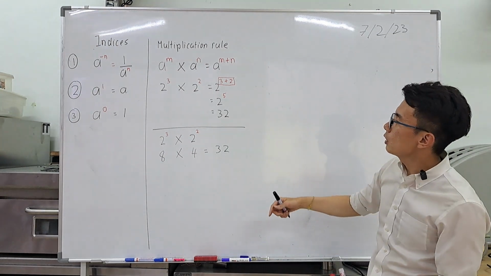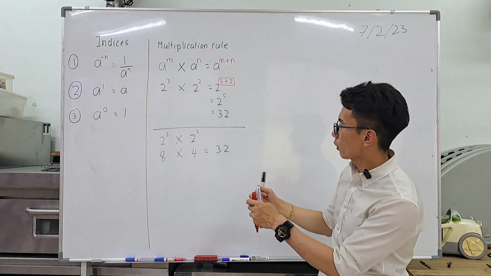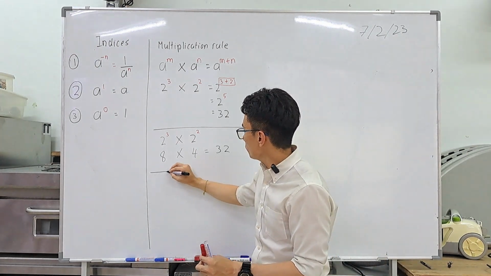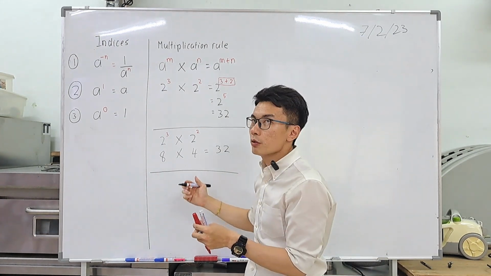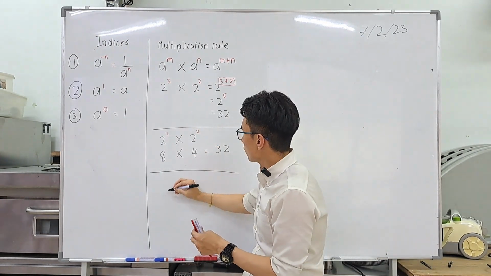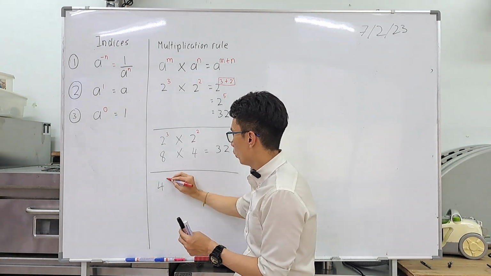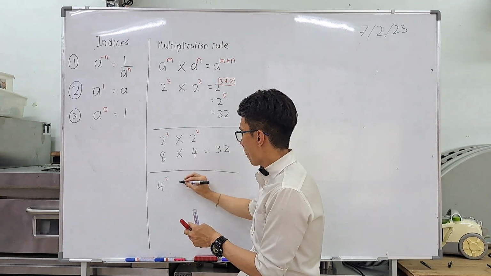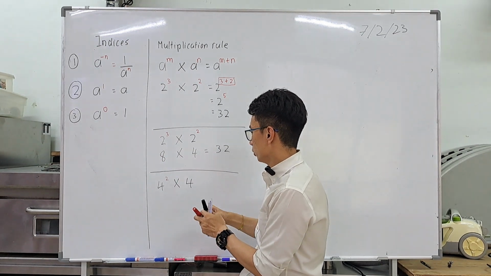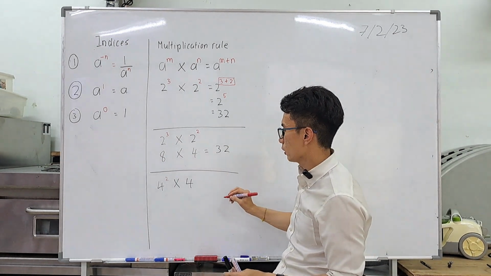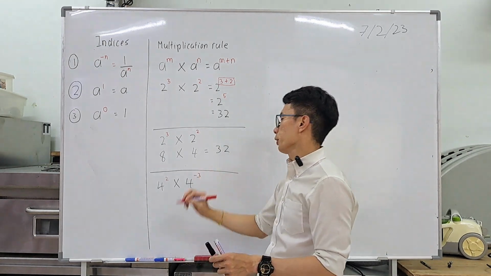Again, if I have the same base, I can add the powers up. Let me use another example, with a different number this time. Let's say I have 4 to the power of 2 multiplied by 4 to the power of negative 3.